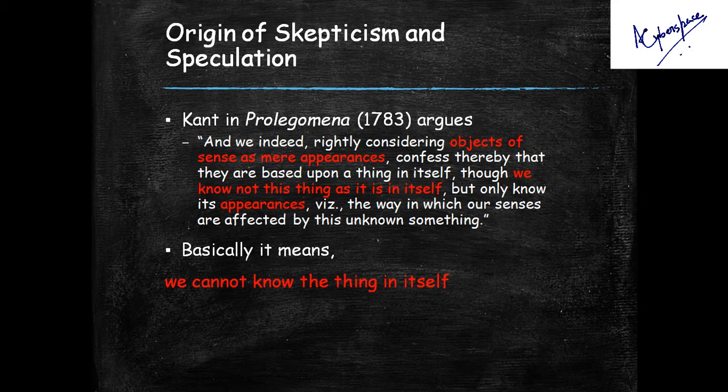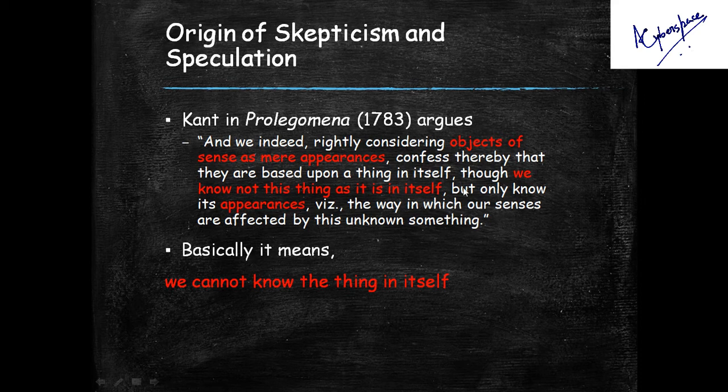So here we have the origin of skepticism and speculation. Basically, what Kant means is that we cannot know the thing in itself. What we are knowing is just the appearances of the things.